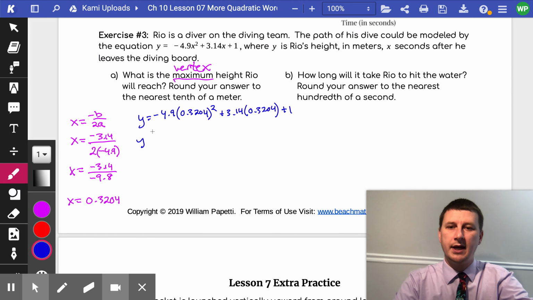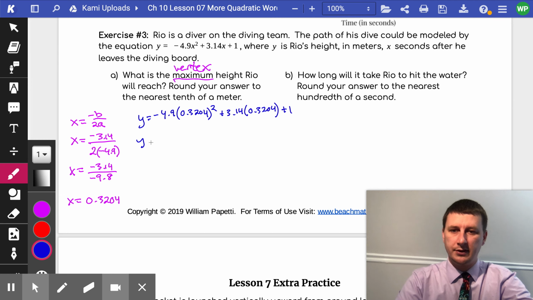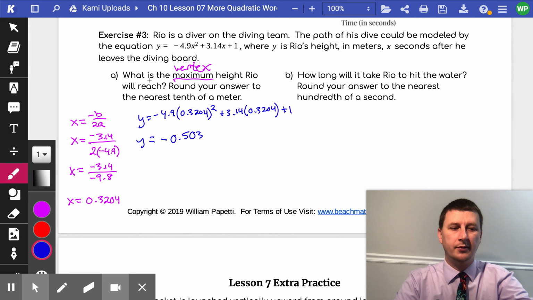And we're going to get 0.10. We're going to multiply that by negative 4.9. And we're going to have in our first term simplified 0.503. And then we're going to multiply 3.14 times that decimal.